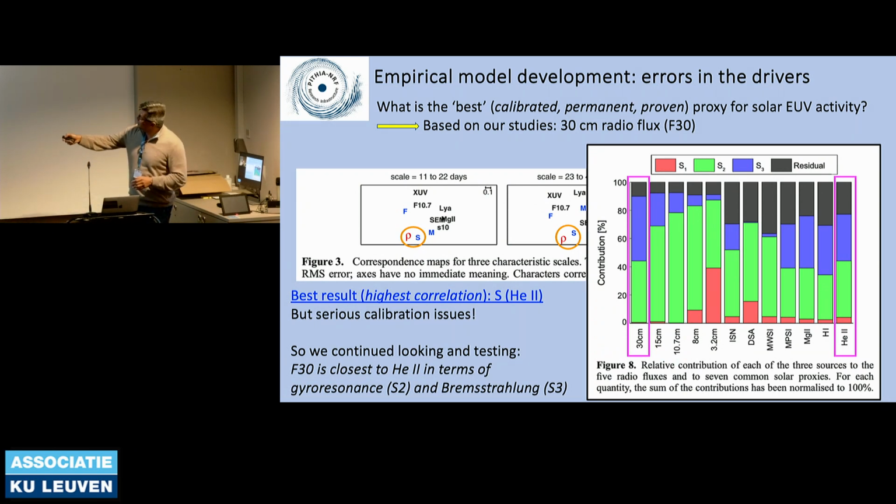You see that Bremsstrahlung and gyroresonance between F30 and helium are relatively close, whereas for F10.7 the contribution of these three components is very, very different. That is why we explain the fact that F30 is much better correlated with EUV than F10.7.